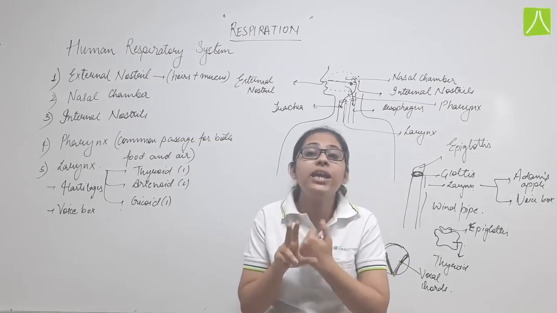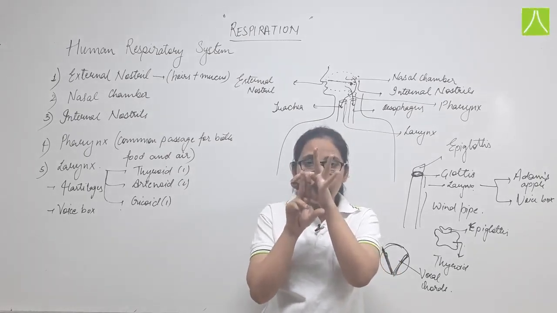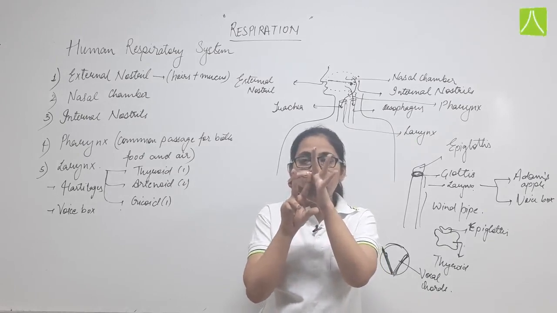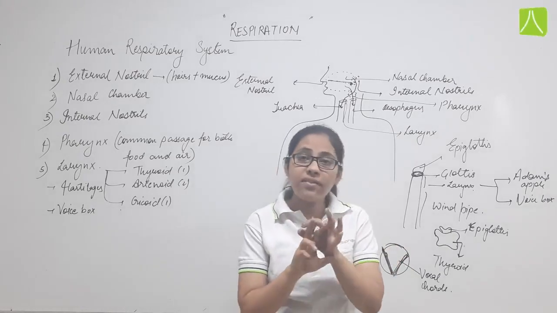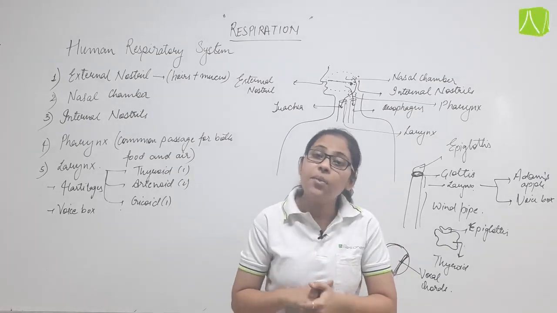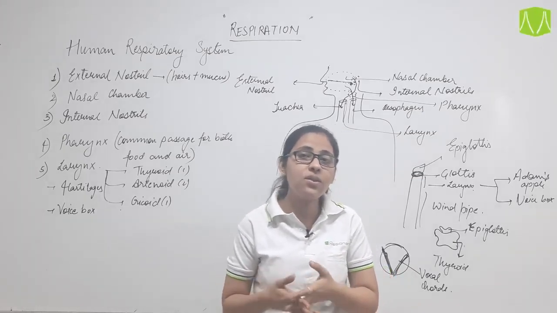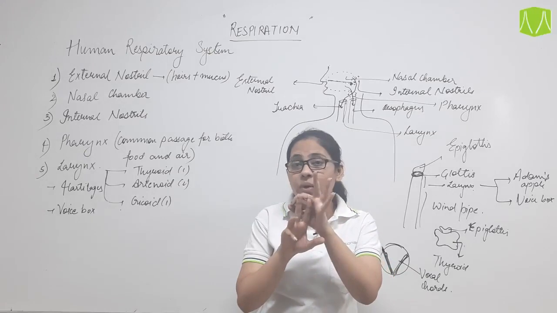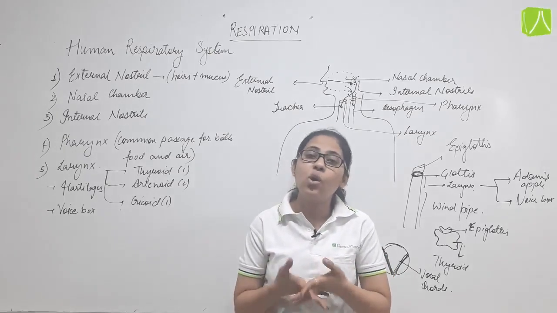Whenever we inhale air, the vocal cords widen up from each other and the air passes through their gap. Because the air passes, the vocal cords start vibrating, and we know that sound is produced due to vibration. That's why we call it the voice box.